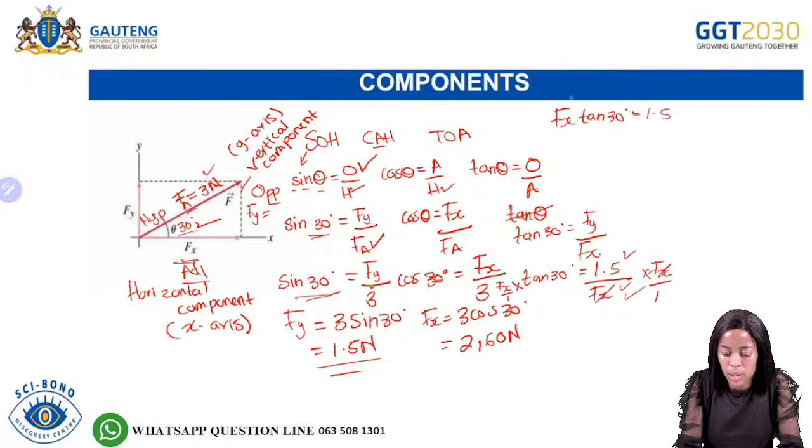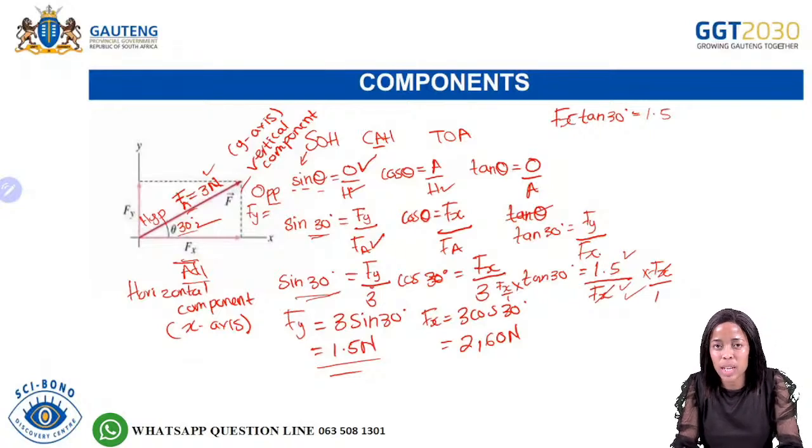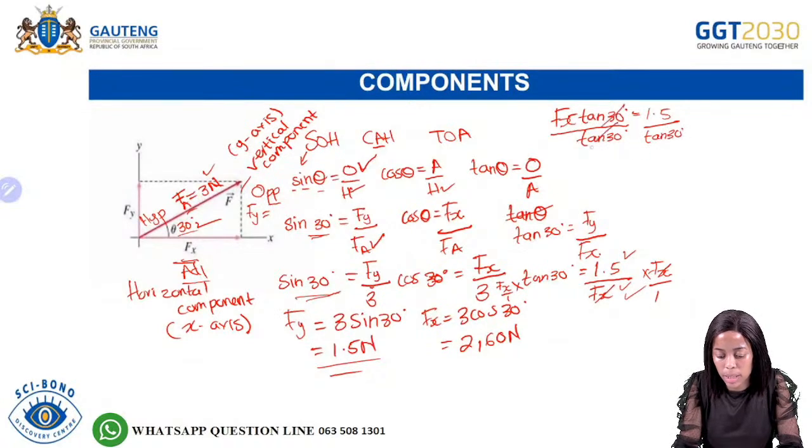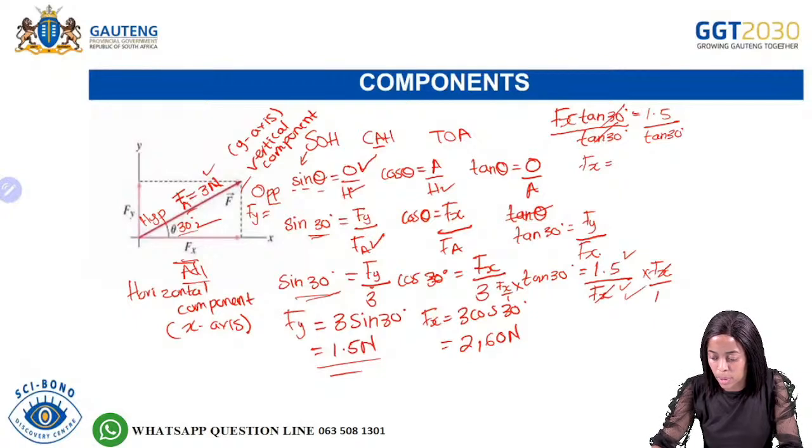So again, you want to make Fx the subject of the formula. So what are you going to do? You can then divide both sides by tan 30 degrees. So you will be left with Fx is equals to, let me quickly calculate, 1,5 divided by tan 30.